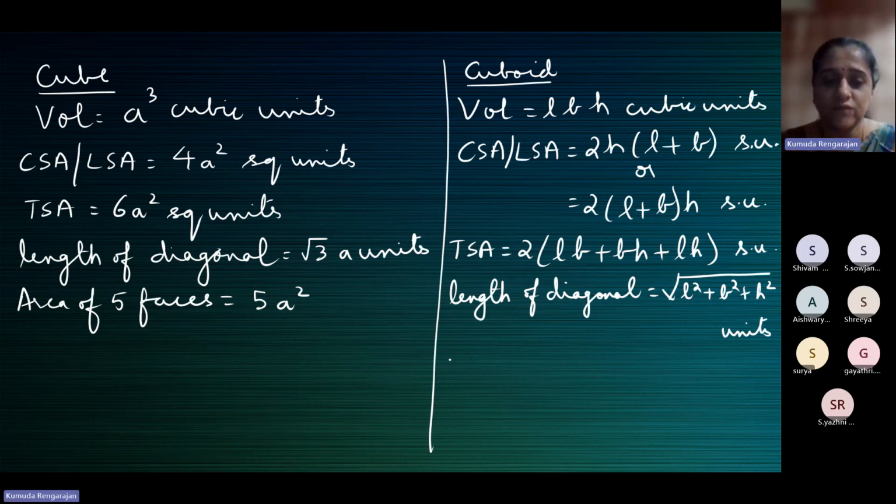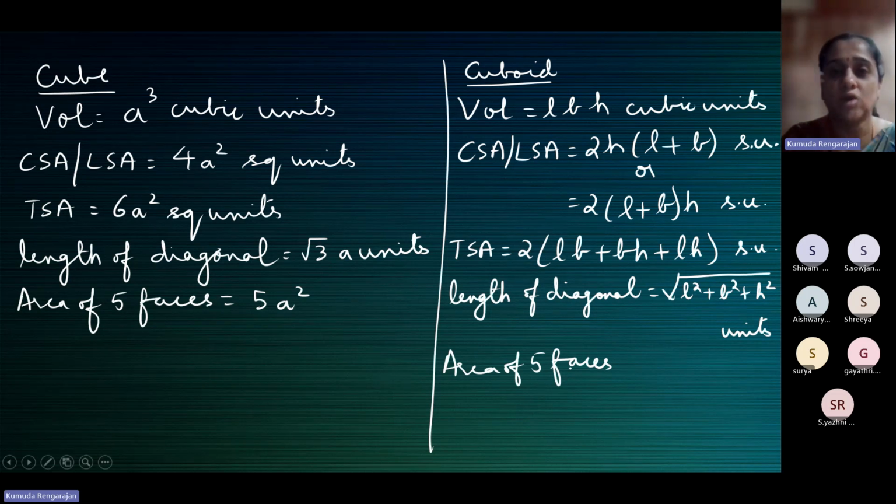And if you want to find the area of 5 faces, say it's a cuboid which is open at the top. Supposing it's a cuboidal box made of some metal, and this box is open at the top.